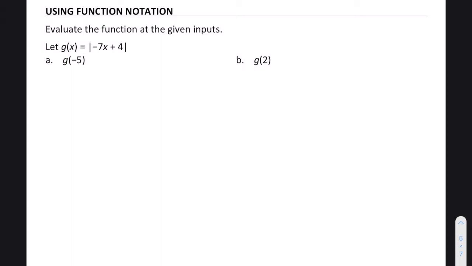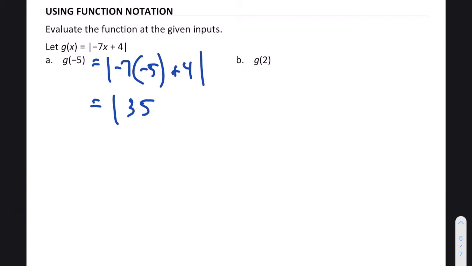Okay, so if we have, in this case, our function is g of x, so it's a function g, the variable's x, so we have g of negative 5, so I'm going to go ahead and substitute a negative 5 in for my x, and I'm going to simplify things, so I have negative 7 times negative 5 is positive 35, and 35 plus 4 is 39.